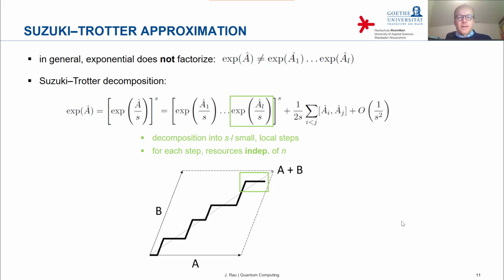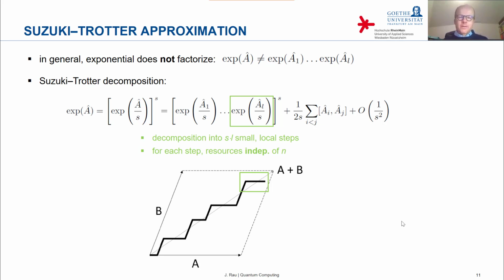So effectively, we come to the error in a minute, but suppose there was no error, and this was an exact formula, then we'd have s times L small steps. The computational resources required for each step would not scale with n.